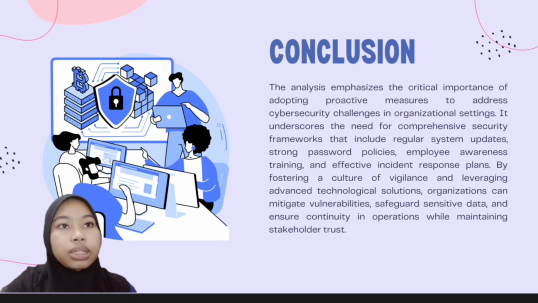By fostering a culture of vigilance and leveraging advanced technological solutions, organizations can mitigate vulnerabilities, safeguard sensitive data, and ensure continuity in operations while maintaining stakeholder trust.